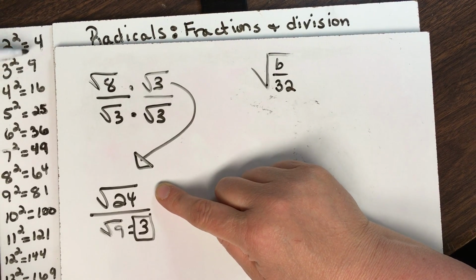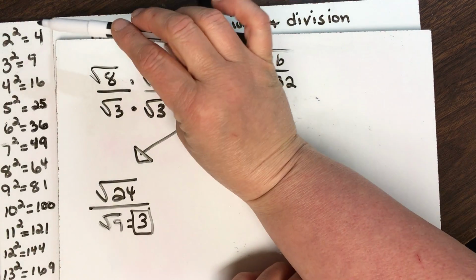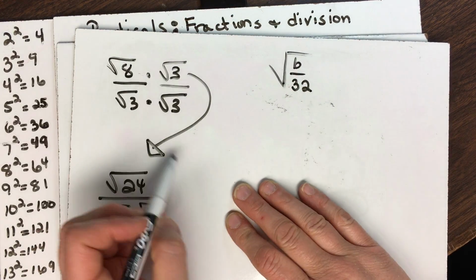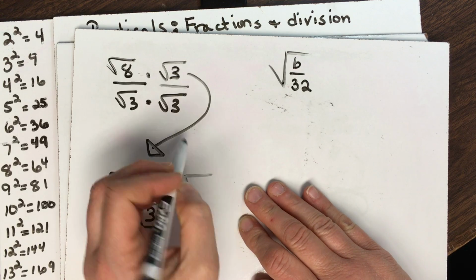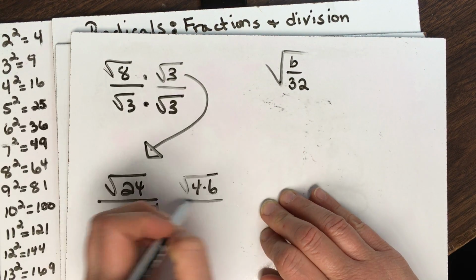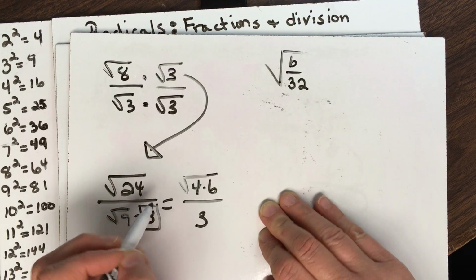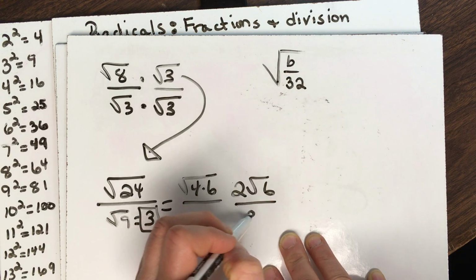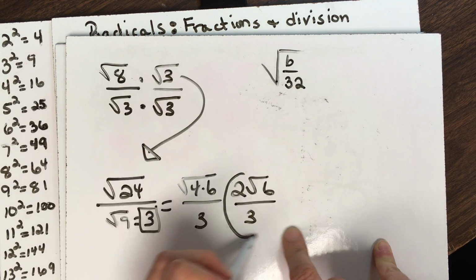So I'm looking for my perfect squares over here, and let's see, 4 times 6 will get me there. So I'm going to use that. So 4 times 6, and that breaks out to 2 square root of 6 over 3, and this would be a final answer.